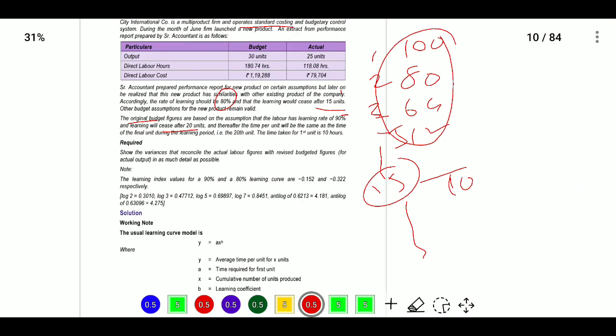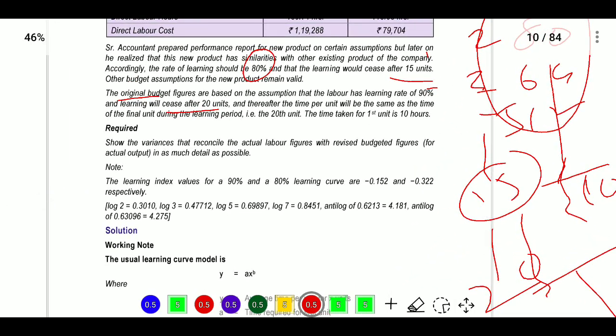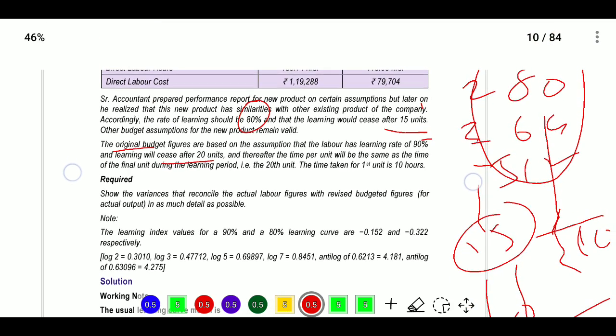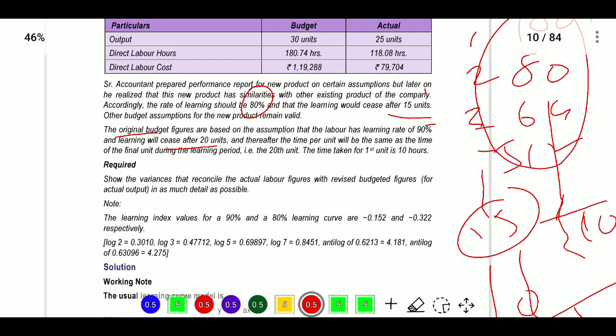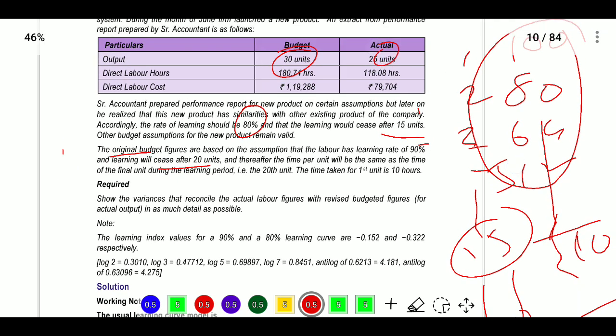So up to 20 units we will have the learning curve decrease. The budgeted units are 30 and actual units are 25. Up to 20 we have the learning curve effect. After that we will reach the minimum time and we will produce at that same minimum time.